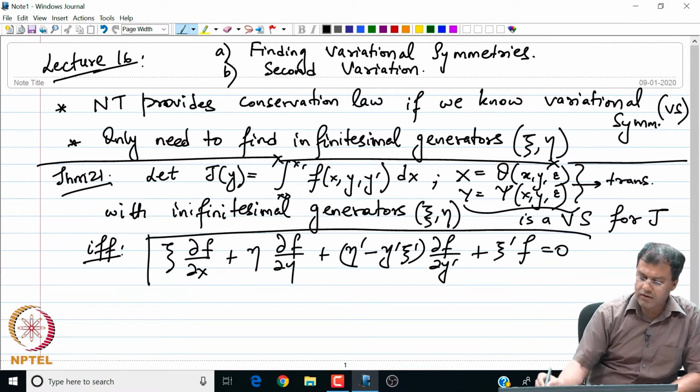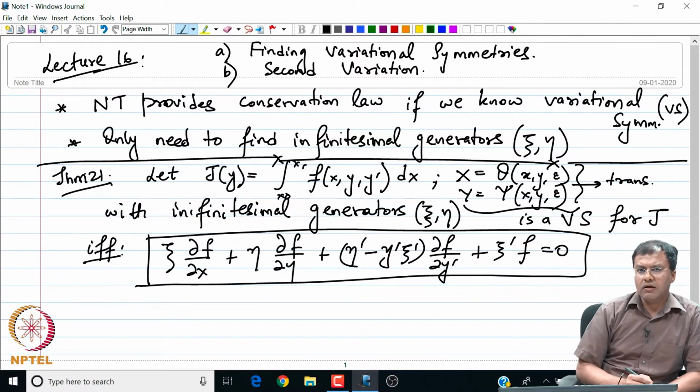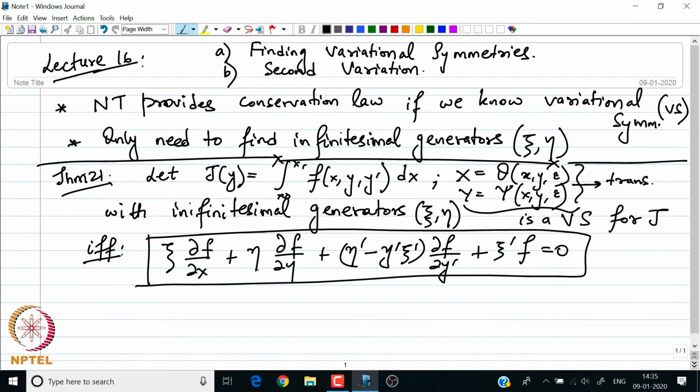If and only if we satisfy this differential equation, we are guaranteed to say that xi comma eta is the infinitesimal generator leading to our variational symmetries. Let me call this 1.